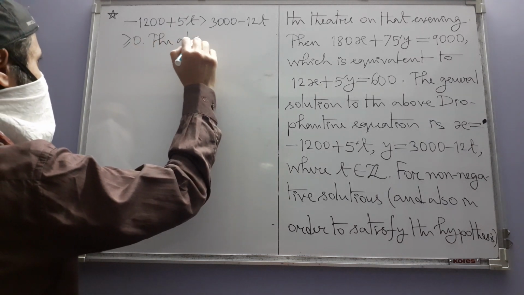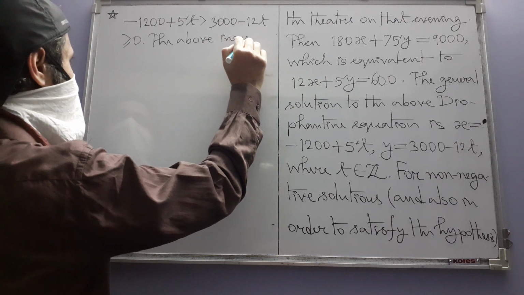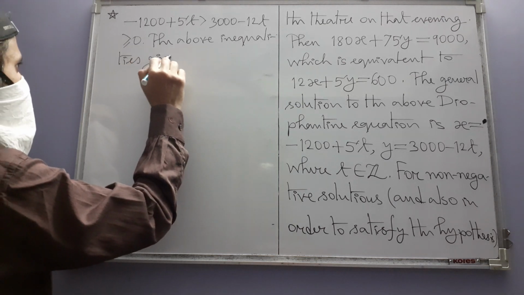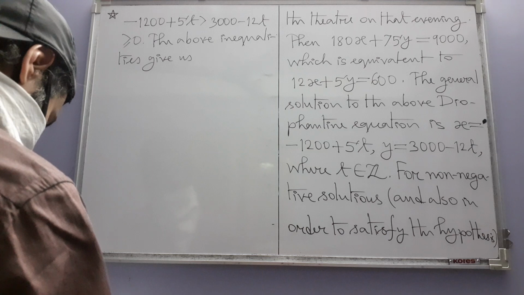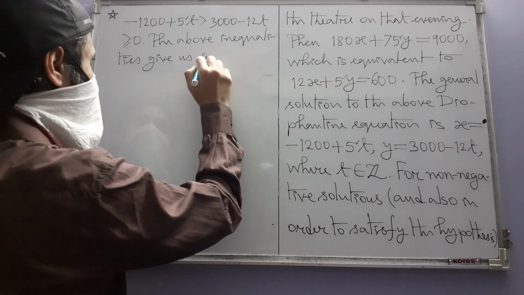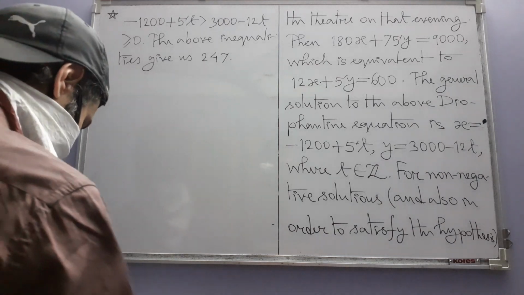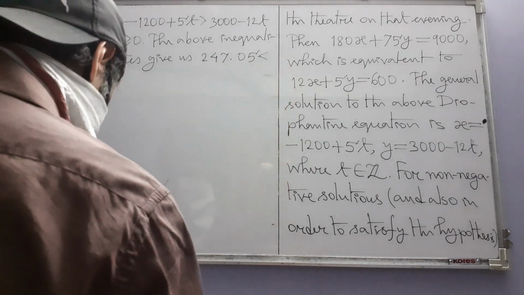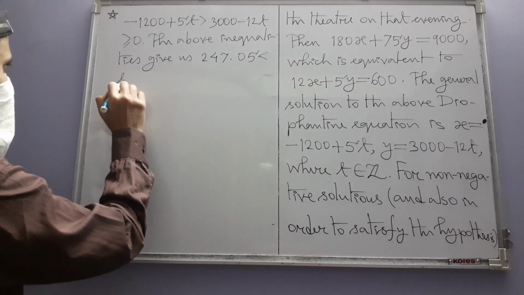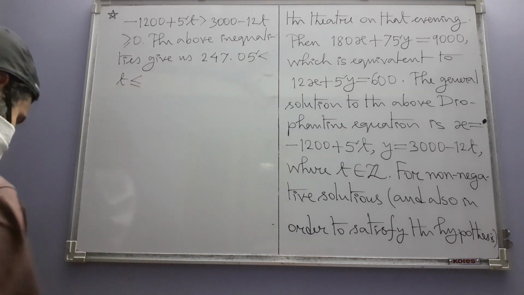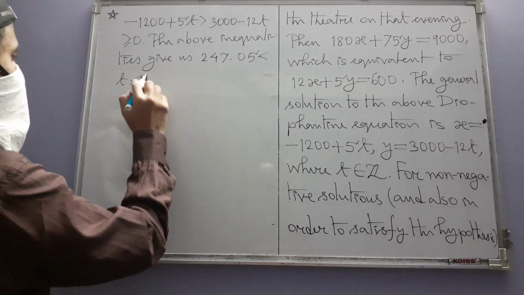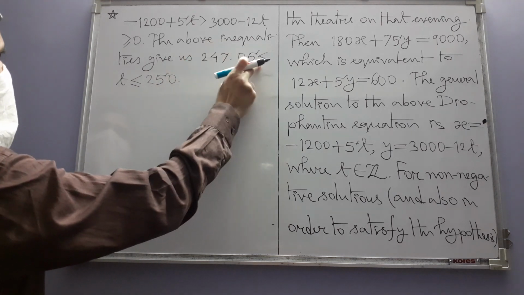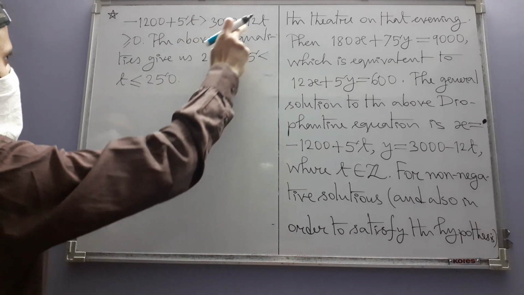The above inequalities give us these following inequalities. 247.05 is strictly less than t, and t is less than or equal to 250. You can understand that this inequality is coming from here and this one is coming from here.